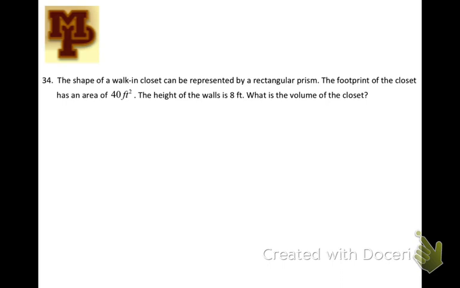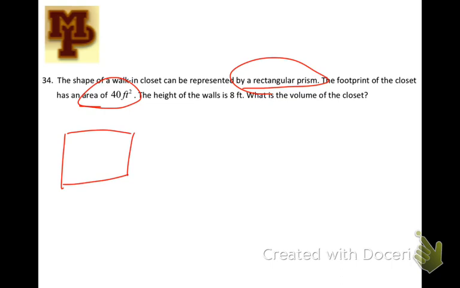A walk-in closet, it's like a rectangular prism, so it'll have that same formula. It says the footprint of the closet has an area of 40. If you think of the prism like this, and I can't draw one at all, the base is 40, so we already know the area of the whole base. All we have to do is multiply by the third dimension, which is 8.